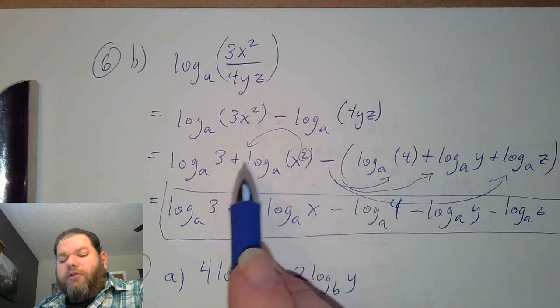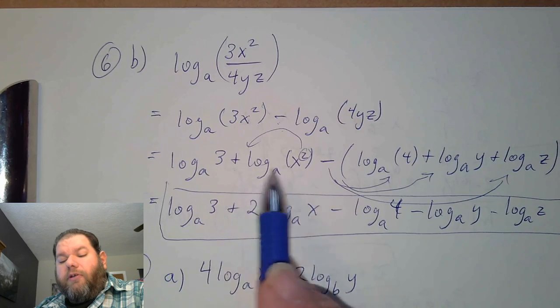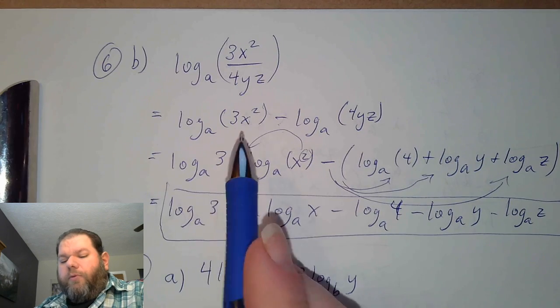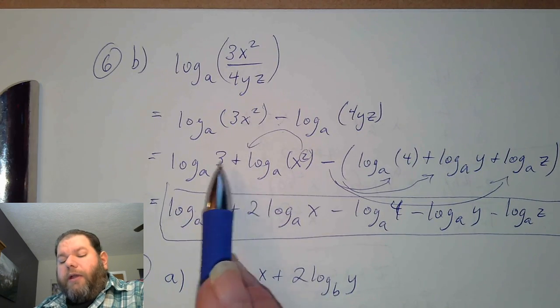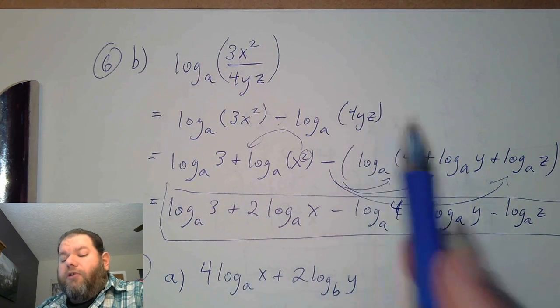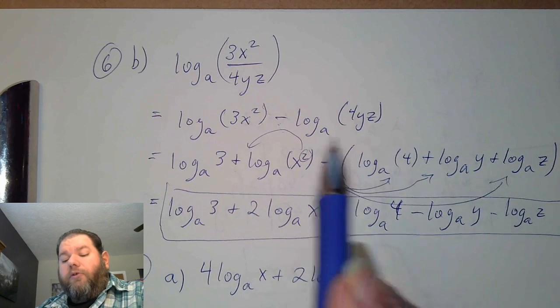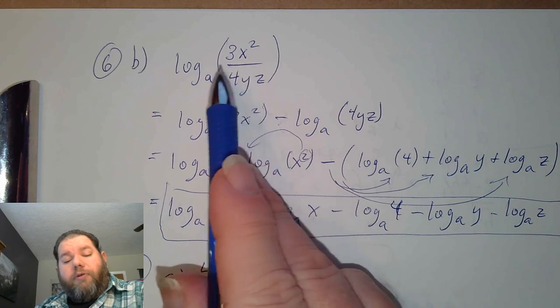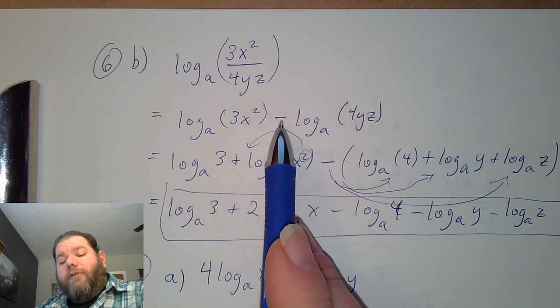Division becomes subtraction, multiplication becomes addition. So when we had multiplication here, we added those terms. This is multiplication here. We added each of these terms, although the minus had to be distributed. But the division that we originally started with, that turns into subtraction.